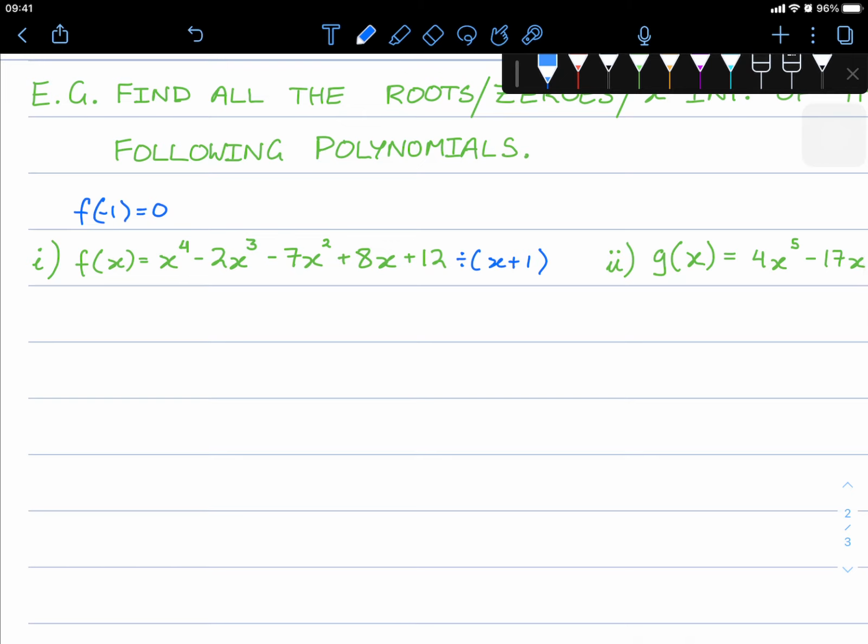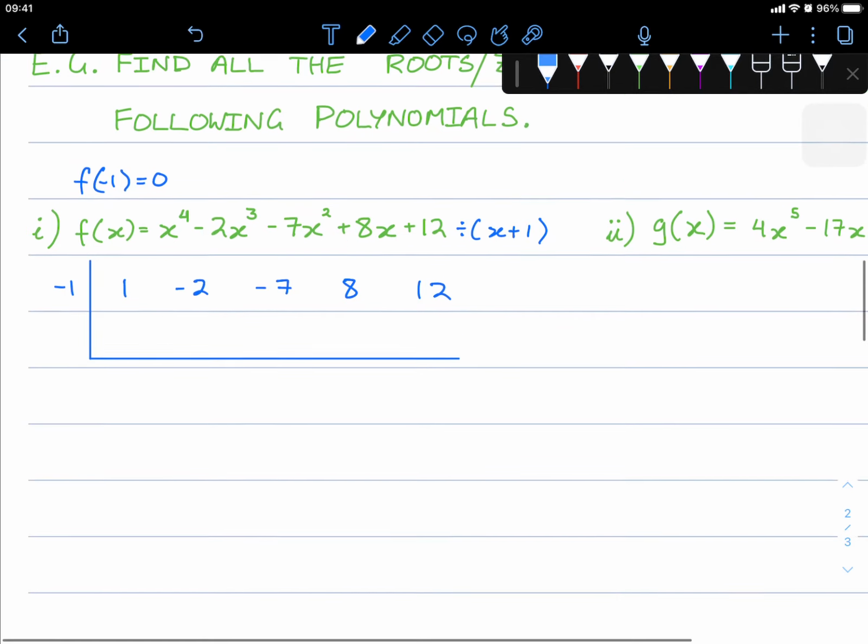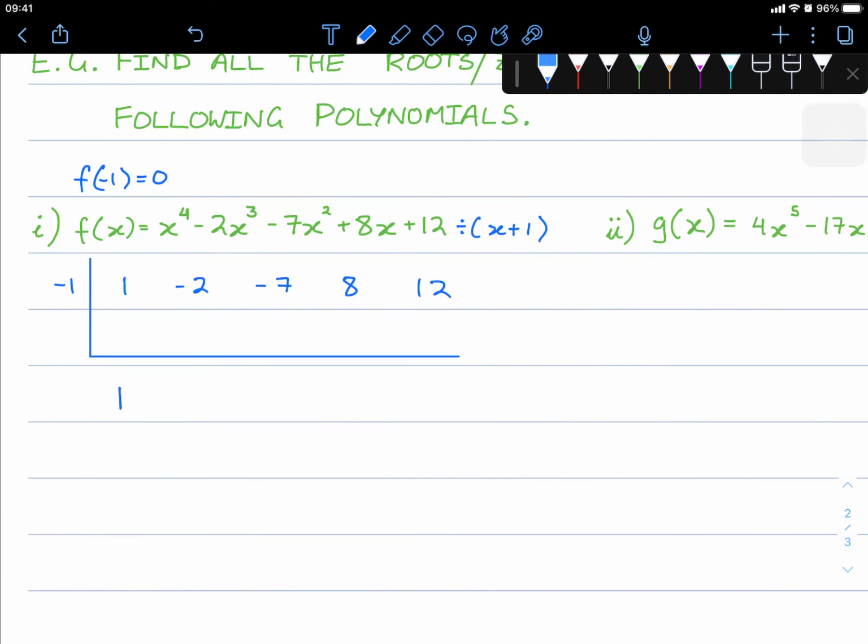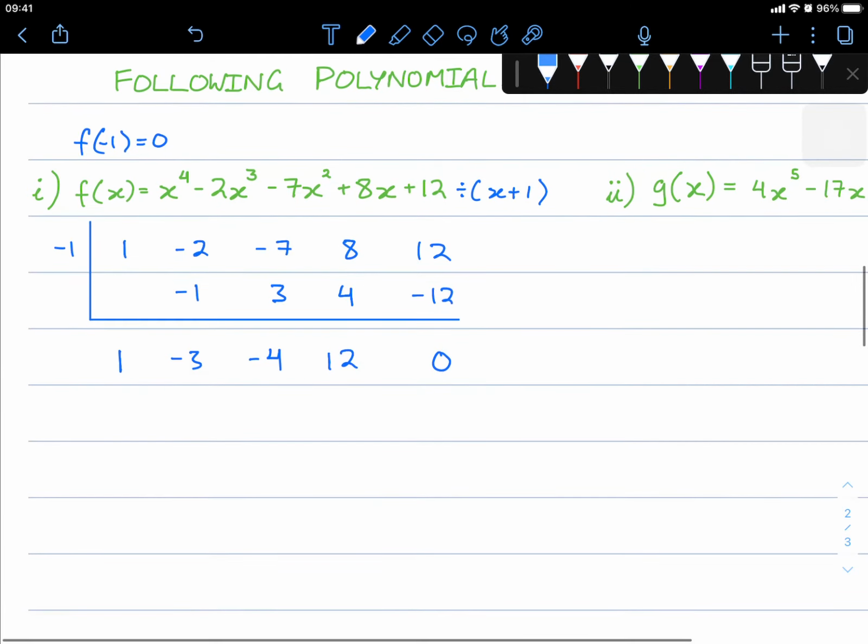Grabbing our long division, so we get negative 1, then the coefficients 1, negative 2, negative 7, 8, and 12. Ignoring the first and multiplying, adding, multiplying, adding negative 4, multiplying, adding, multiplying, and then adding.